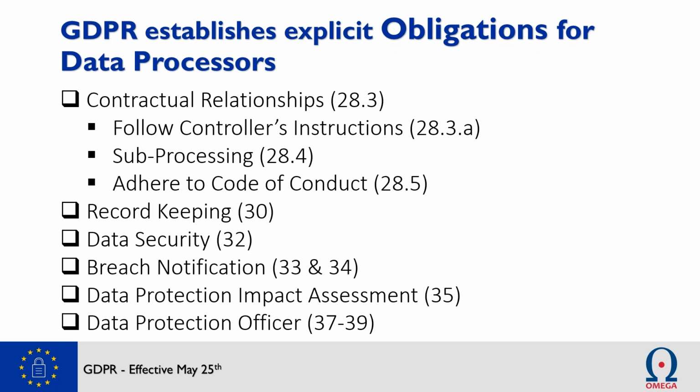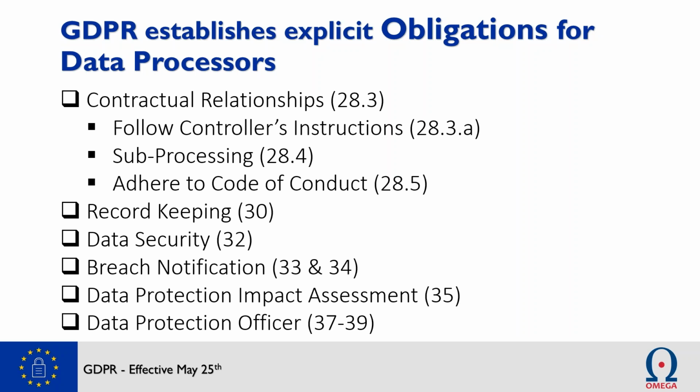You also need to be resilient and make sure that you are able to recover from a failure. And for breach notification, again, you have to notify the authorities within 72 hours and the data subjects without undue delay.